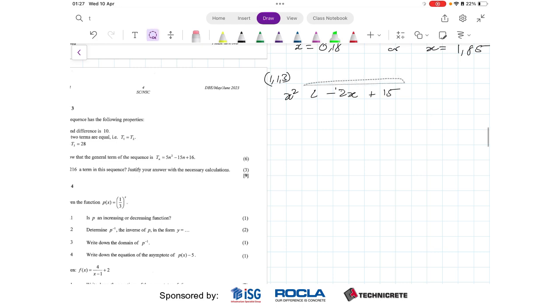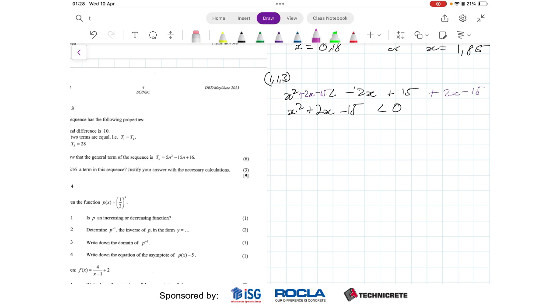Immediately we know that we need to write this in standard form, and when we write in standard form, we add 2x and we subtract 15, such that x squared plus 2x minus 15 is less than 0.